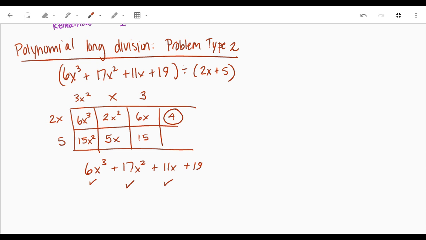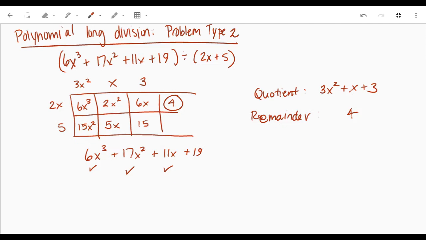So quotient 3x squared plus x plus 3, and remainder 4. All right, let's see what we got next.